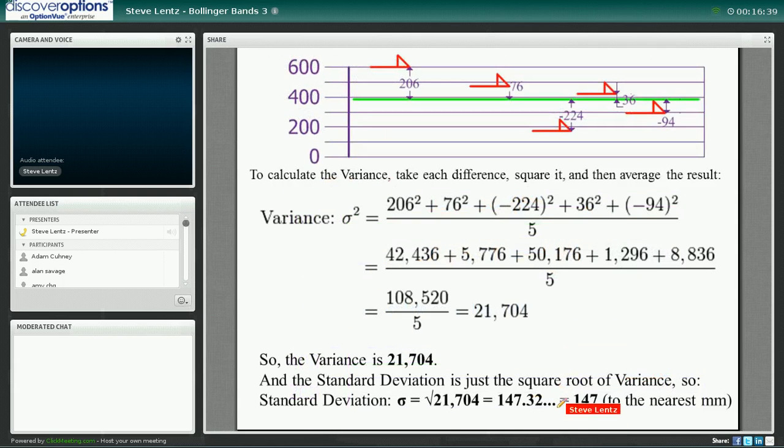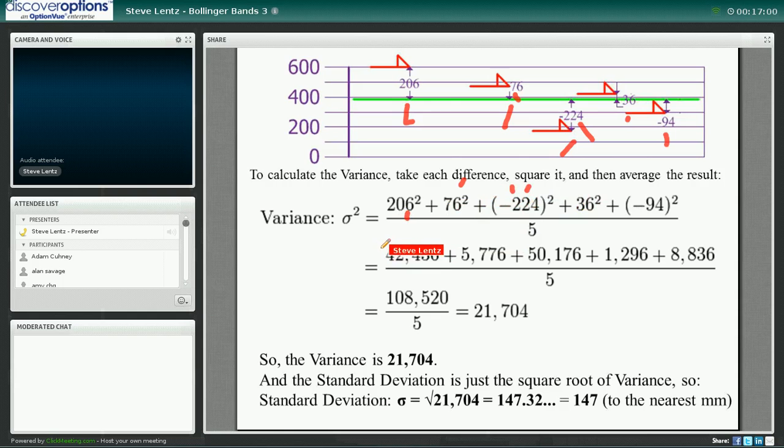Now what do we do? We take each of these differences and square each of them. So that means 206 times 206. And these are going to be big numbers. If you have a negative number, what does that mean? Negative times a negative is a positive.